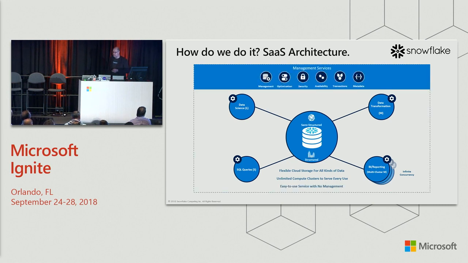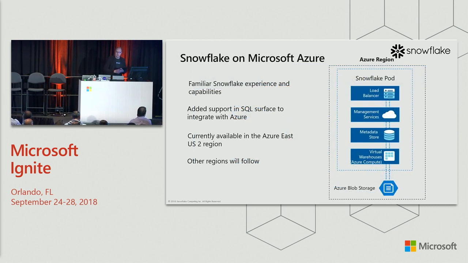All of this is wrapped by a set of management services around it that help you manage your Snowflake accounts from a security perspective. It captures metadata and it does the optimization for the requests that are coming into the system. So with that, let me tell you a little bit more how we have built Snowflake on Azure.